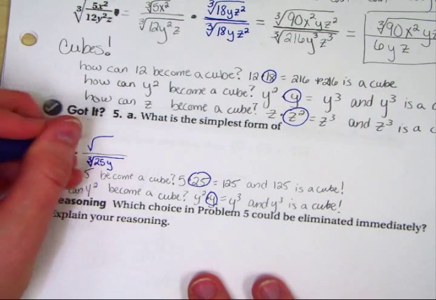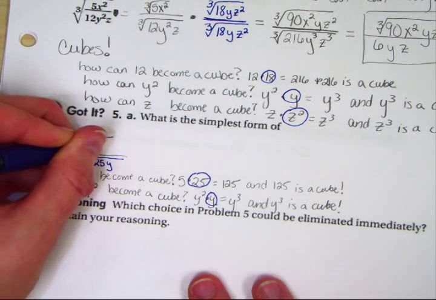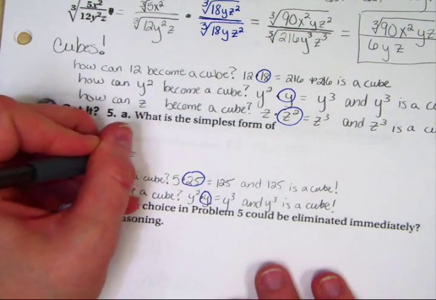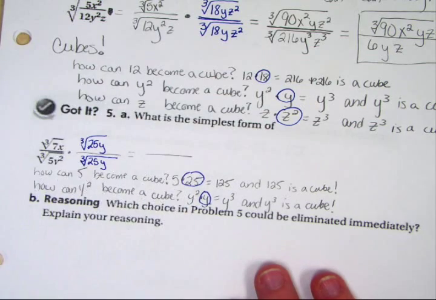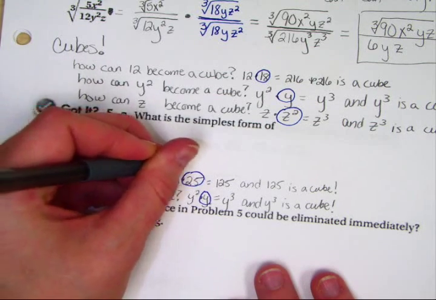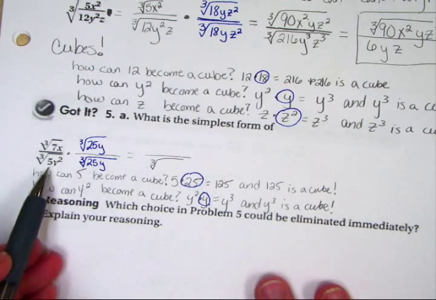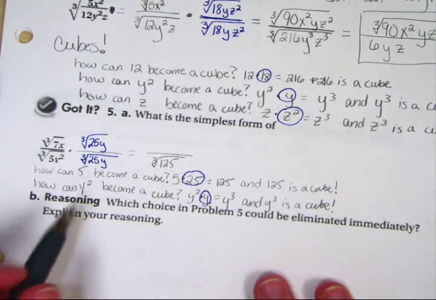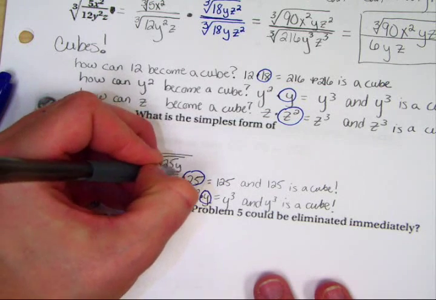Remember, the top has to be the same. Let's multiply. Let's do the bottom first. On the bottom, you keep your cube root. 5 times 25 is 125, which is what we wanted. Y squared times y is y to the third.